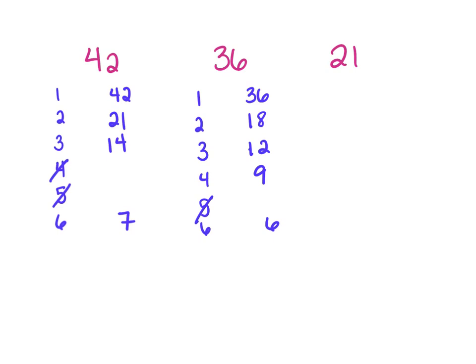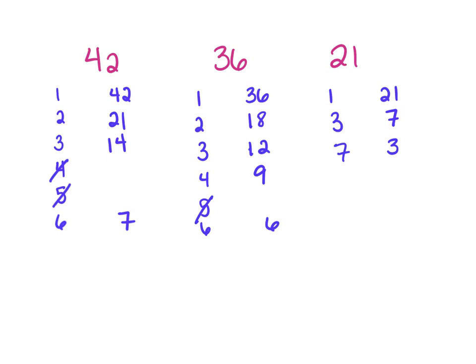Let's go ahead and look at 21. Instead of listing my 1, 2, 3, 4, 5, 6, 7, I'm just going to do 1, 21. 21 divided by 2 is not a whole number, so I'm not going to list it. 21 divided by 3 is 7. 21 divided by 4 doesn't give me a whole number. 21 divided by 5, 6, no whole numbers, and then we get to 7 and 3.